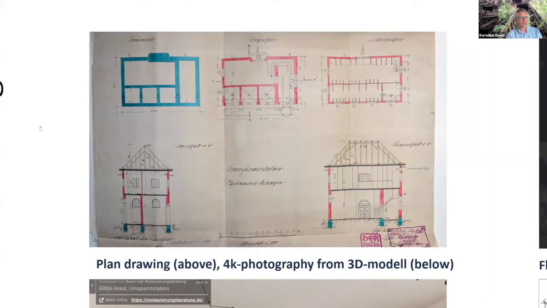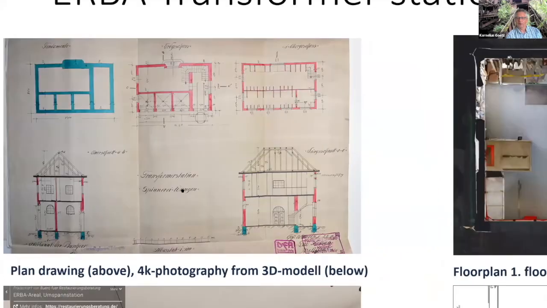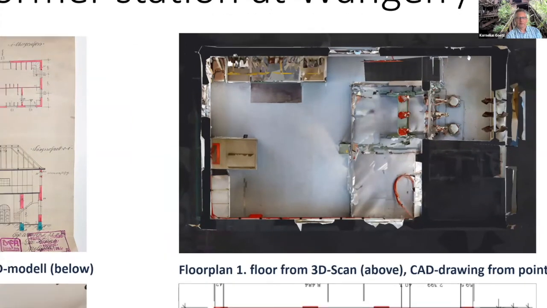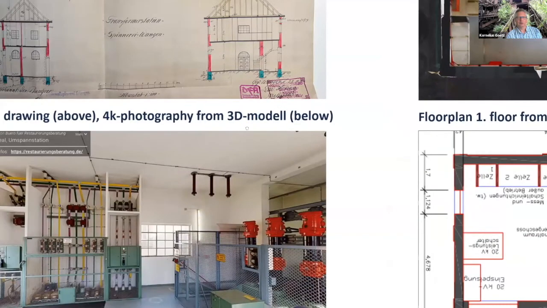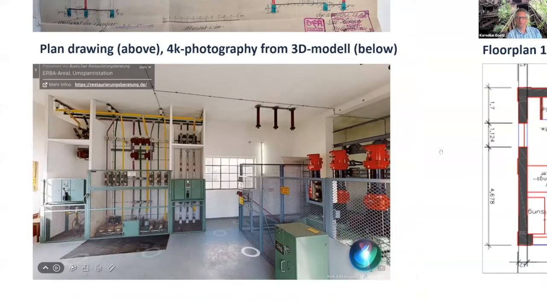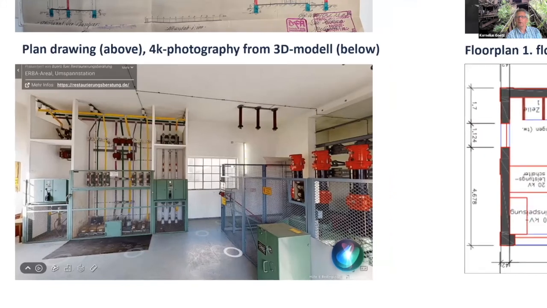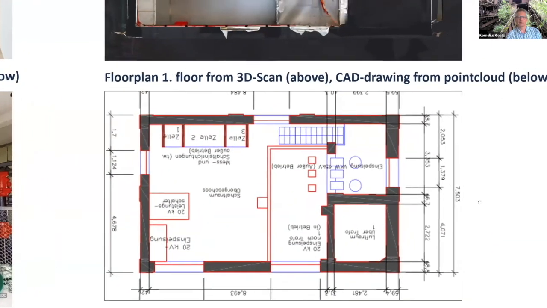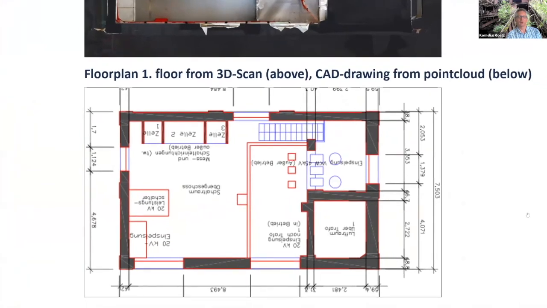We draw from some archives. This is a floor plan we retrieve from our scanning. You can go into it, draw some 4K photography from the digital, and you can draw some, of course, from the point cloud. You can have a floor plan with inventory inside, not only the building, but inventory, always important for us.